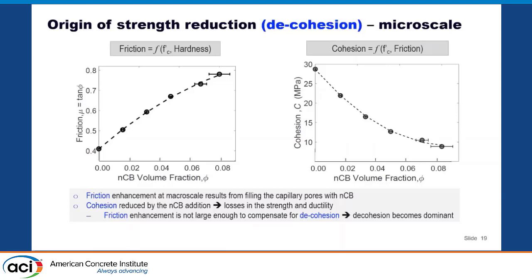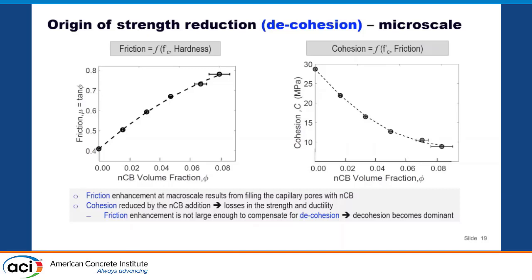What we observed here is that the addition of nanocarbon black led to an enhanced friction coefficient, and this proves that nanocarbon black can replace a partial amount of the silica fume. However, the addition of nanocarbon black leads to decohesion in the matrix.